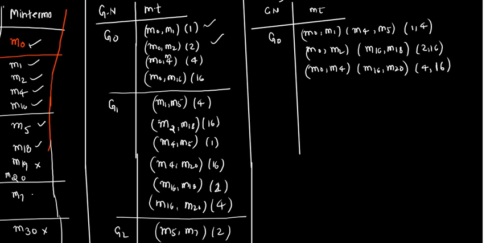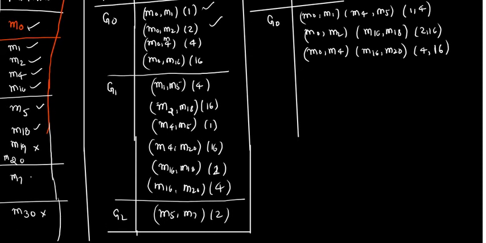Next, here also we have M1, M5. M0, M4 with M1, M5 also there. So you have 4, 1, right? Correct? So it is redundant. That I agree.